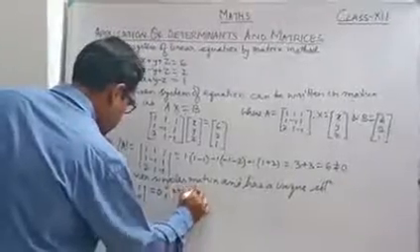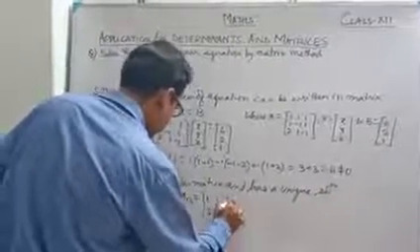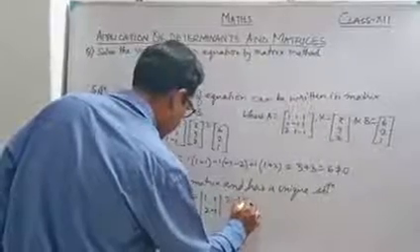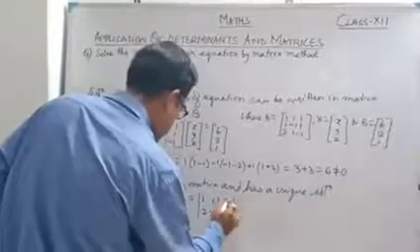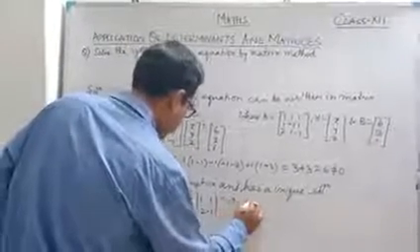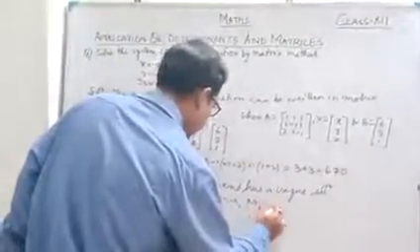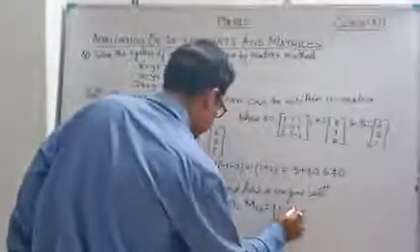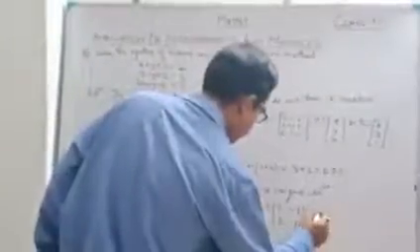M12: 1, 1, 2, 1, 2 minus 1, that is equal to minus 1 minus 2, that is equal to minus 3. M13: 1 minus 1, 2, 1, so that is equal to 1 minus 1 plus 2, that means 3.